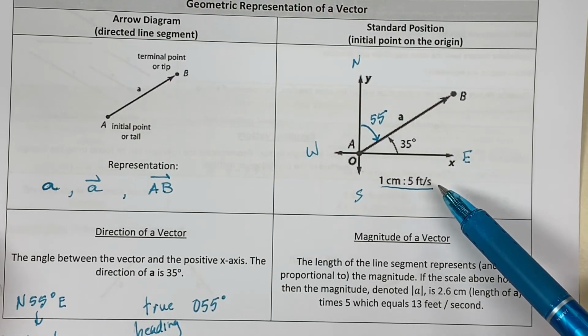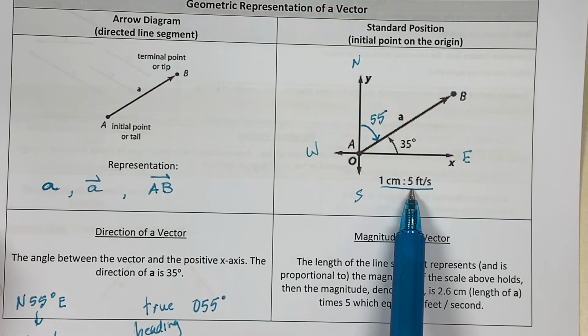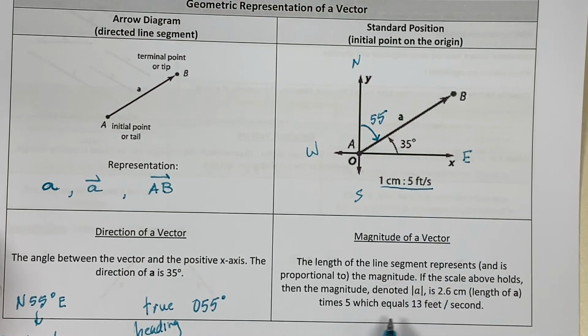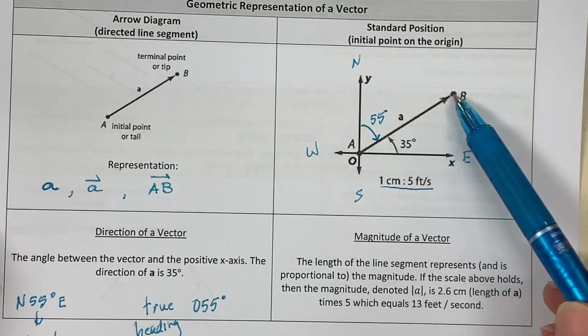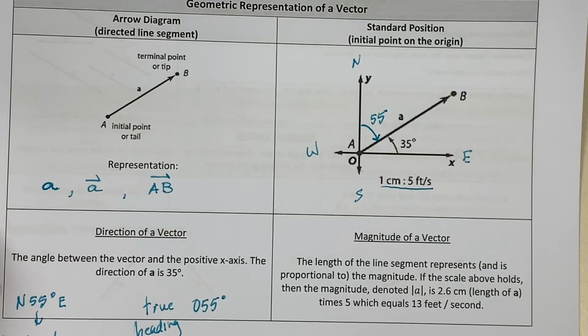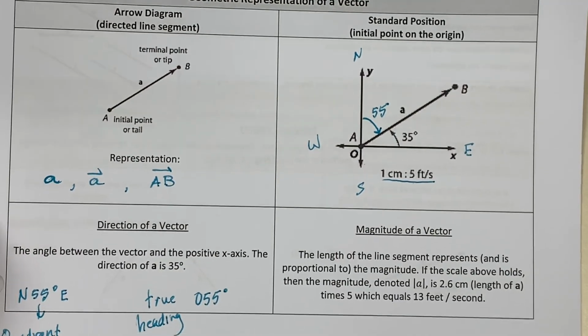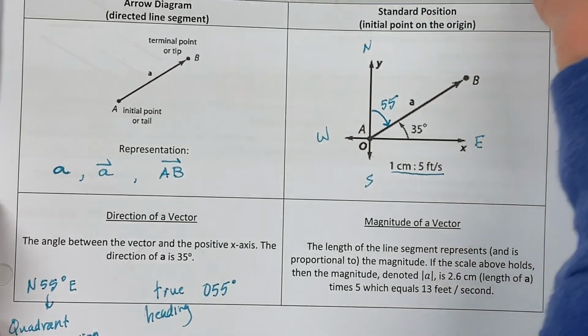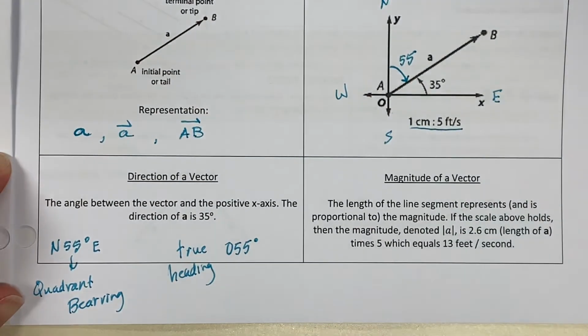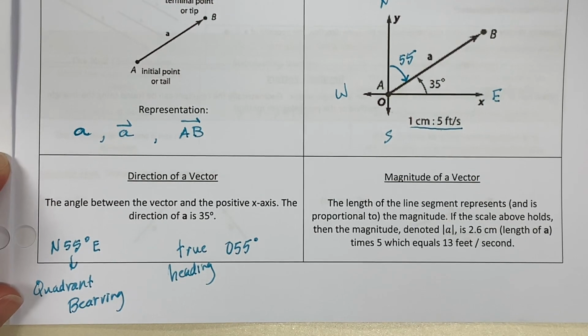Then that means I would have to multiply 5 by 2.6, which means this vector actually represents 13 feet per second. This is the end of example 1 in chapter 8, lesson 1, Introduction to Vectors.